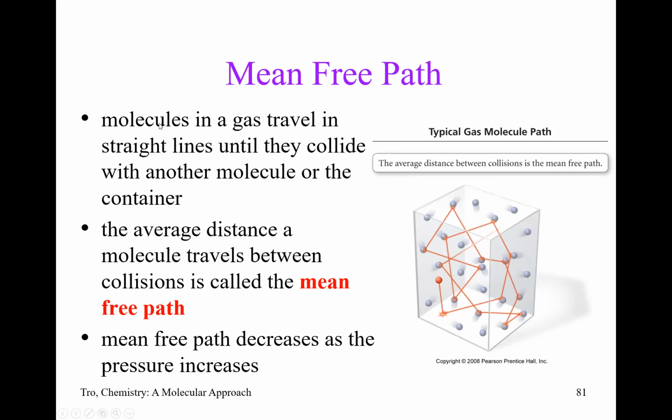Again, it's sort of like bumper cars or a demolition derby. They're moving in straight lines until they collide with something else, either another molecule or the wall of the container, whatever it's in. And so this distance that it travels between these collisions is called the mean free path.